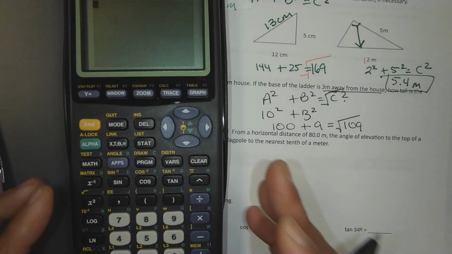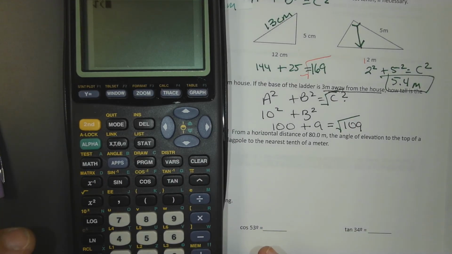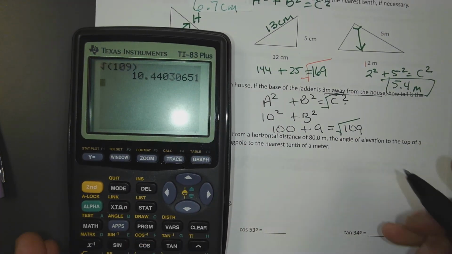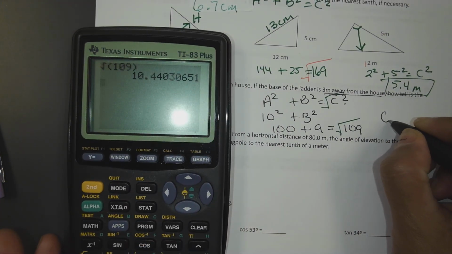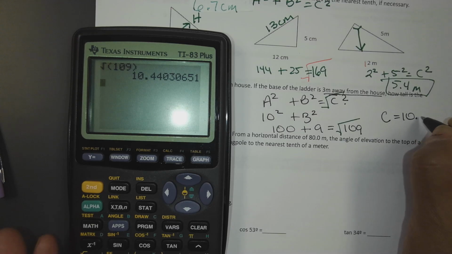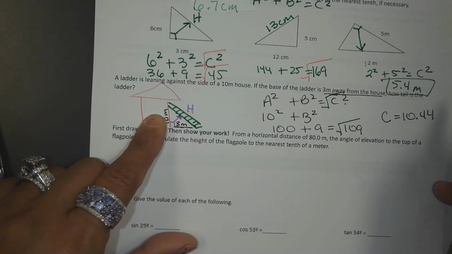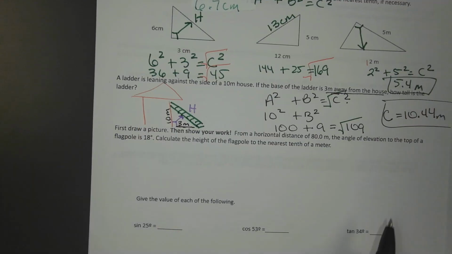And I do not know the square root of 109 off the top of my head, so I'm going to come over here and double check me. Hopefully you got something similar to 10.44. This was meters, so my answer is in meters. Hopefully that sounds about right. I did my picture, and believe me, we're gonna need to start doing pictures pretty soon.